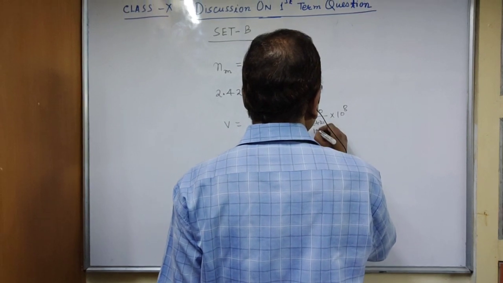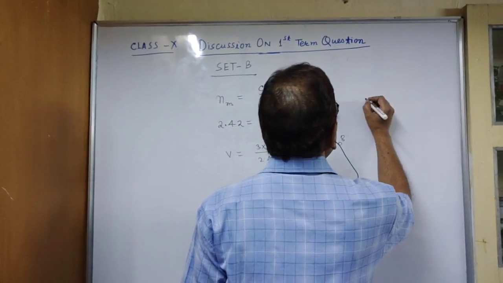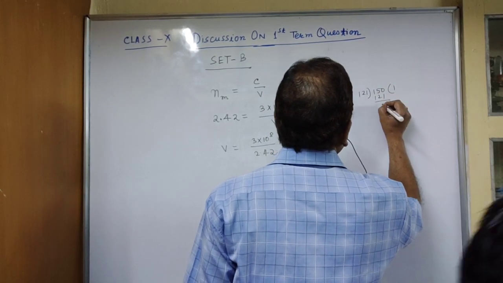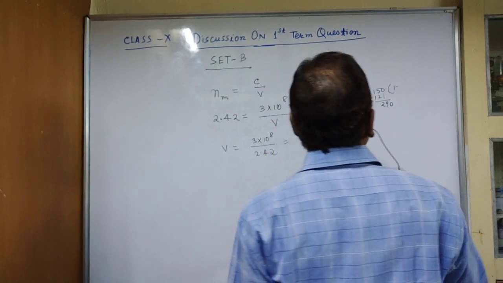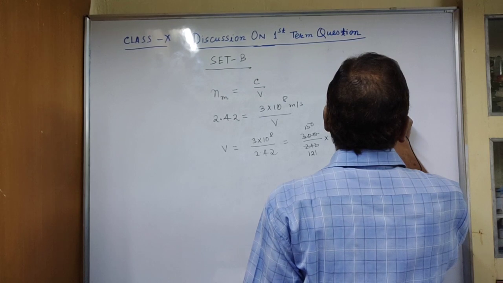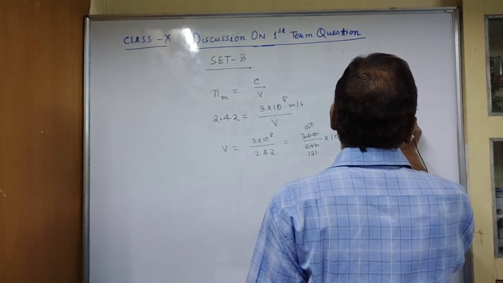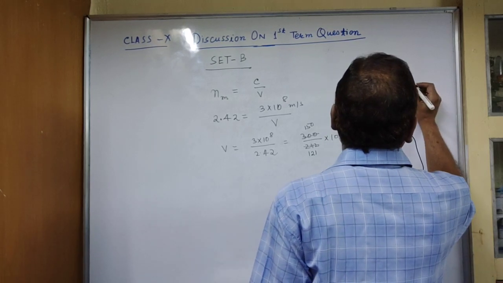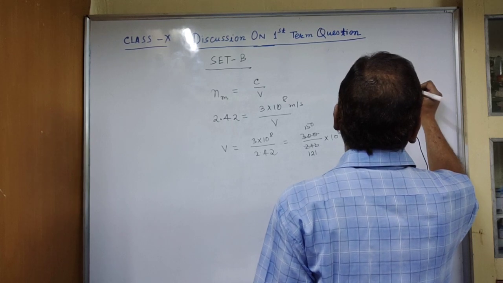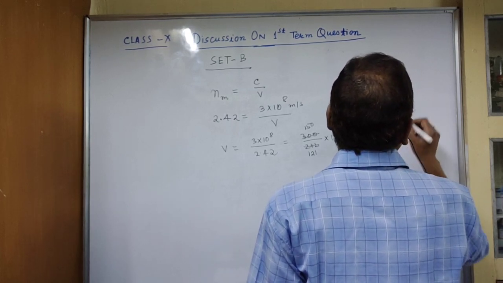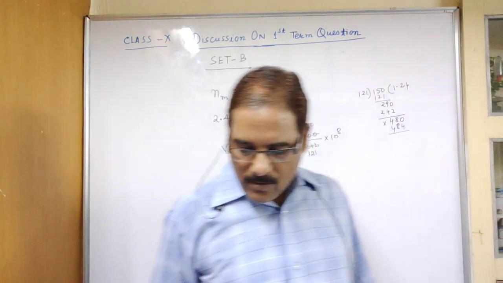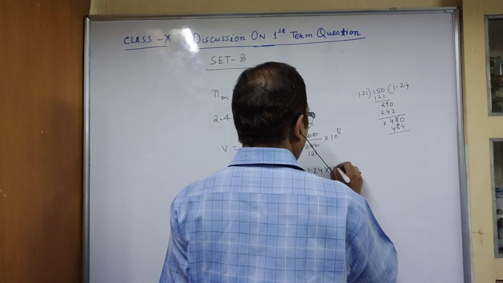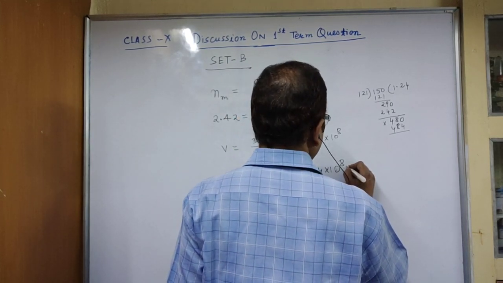Now let us simplify it. 150 by 121. If you put a decimal sign, then roughly it will be 1.24 into 10 to the power 8 meter per second.